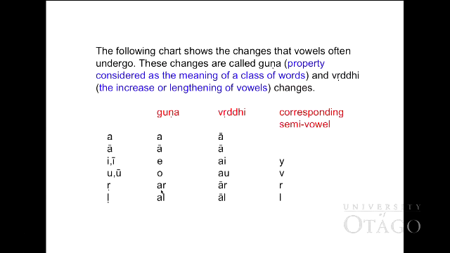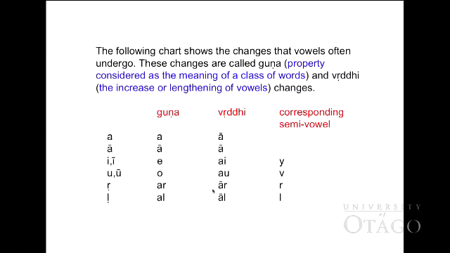Guṇa ṛ will be ar. And vṛddhi: a to ā, i to ai, u to au, ṛ to ār. So it can be a, e, ai, o, au.